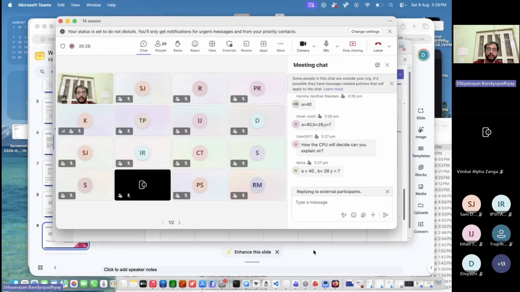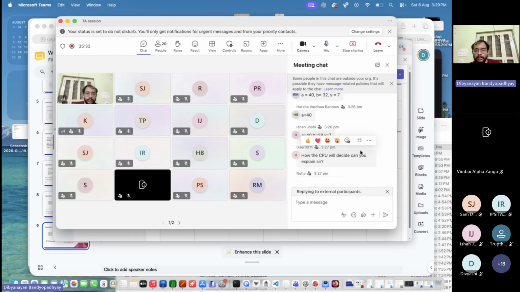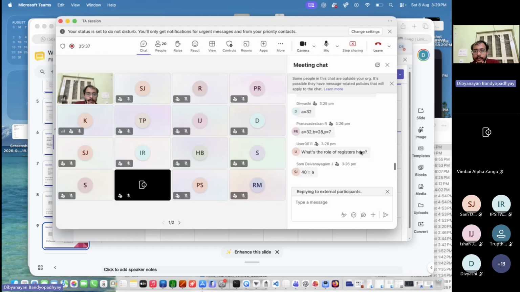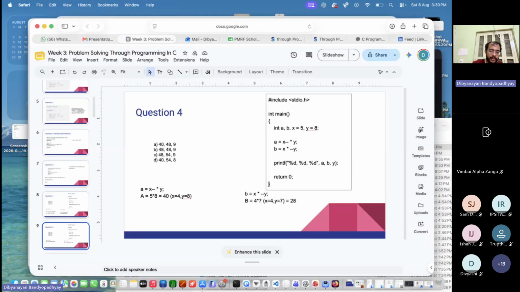Okay, if there is no confusion, then somebody asked how the CPU will decide. What's the role of registers here? Okay. So what happens is that whenever these operations are done, you assign the value to a register, right?